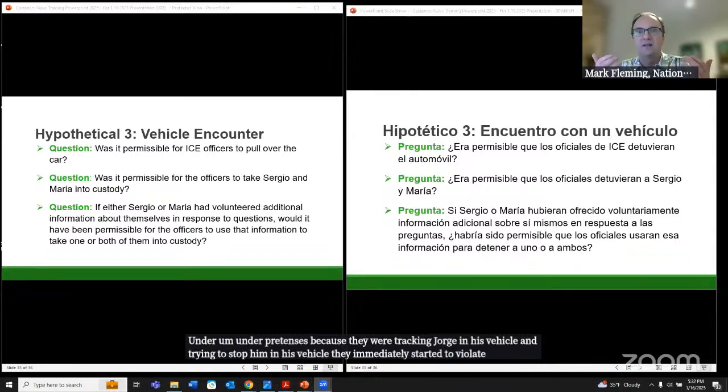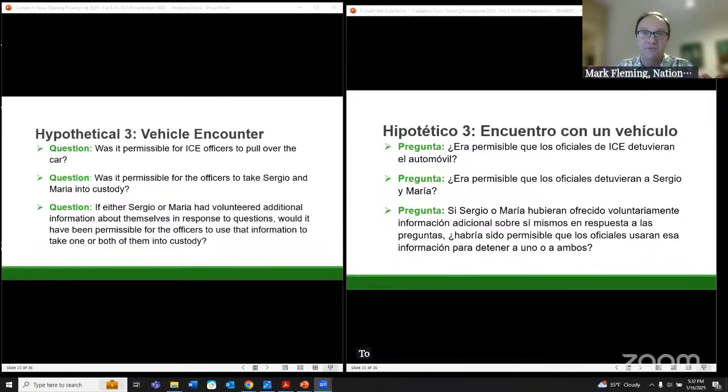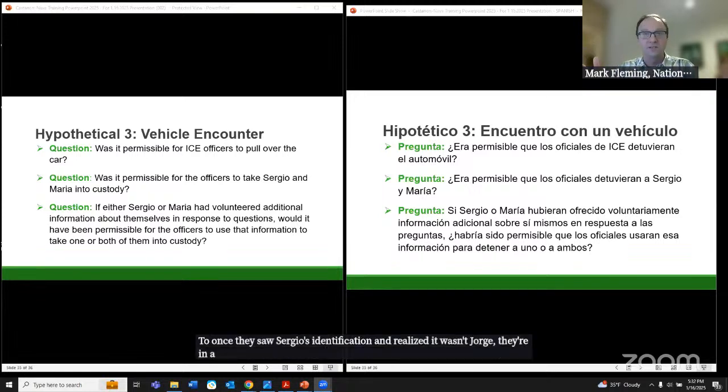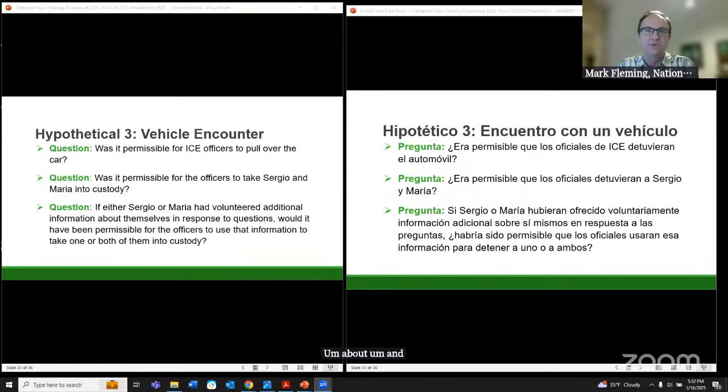One, by saying that it was about a taillight violation. Two, once they saw Sergio's identification and realized it wasn't Jorge, they're in a whole other land of warrantless arrest, at which point they're needing to ask the questions about and analyzing whether they're likely to escape before a warrant can be obtained.